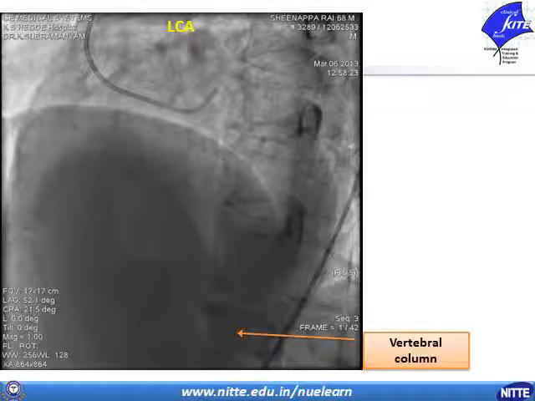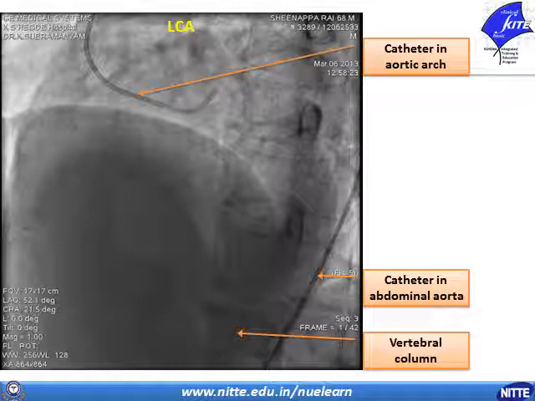You can see the vertebral column, which is an important landmark to be recognized in angiograms. One can also see the catheter in the abdominal aorta and in the aortic arch. The tip of the catheter is in the left coronary sinus.